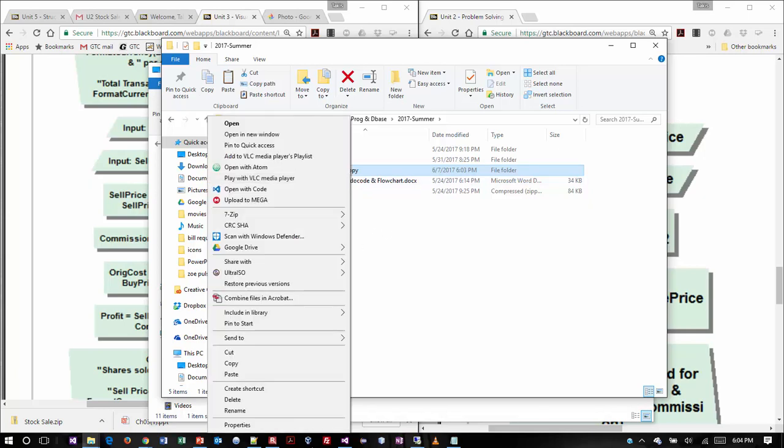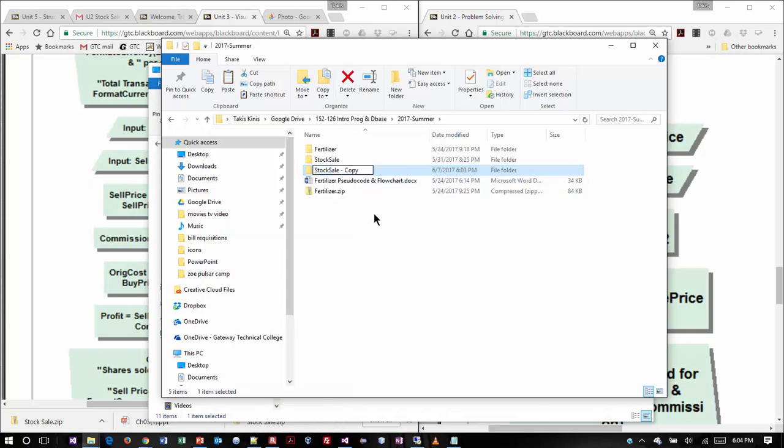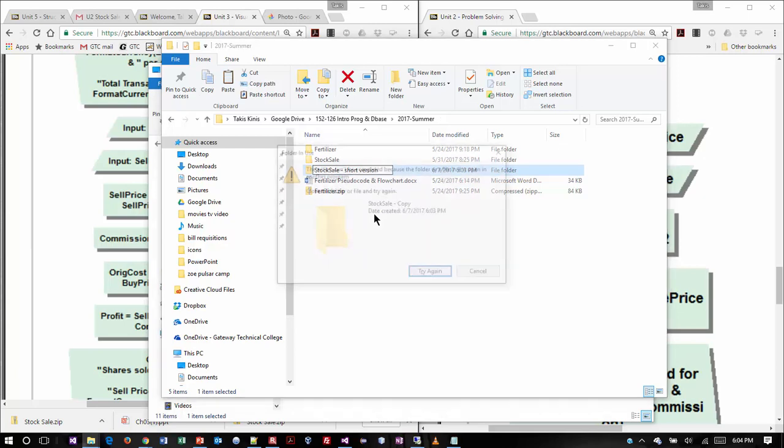And what I might even suggest is that you name it like something, let's see, original, short version, maybe even put a date on it, if that works for you. But for right now, I'm just going to say, for my intents, short version. You call it whatever you want. But make a backup.